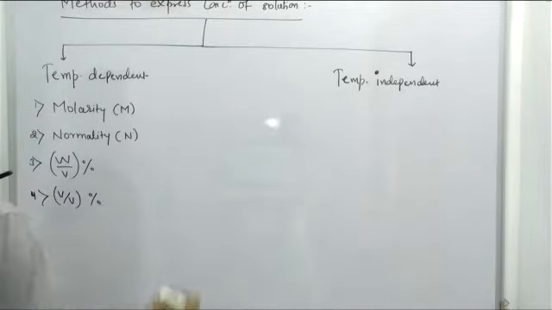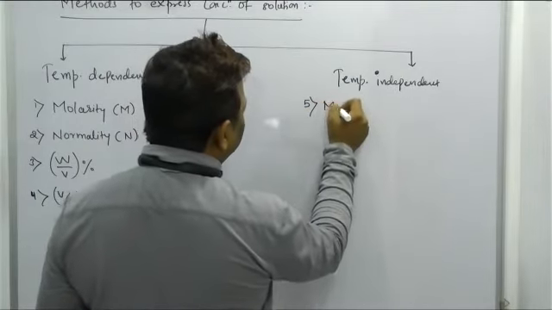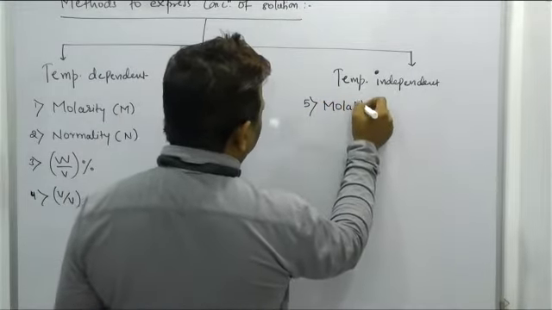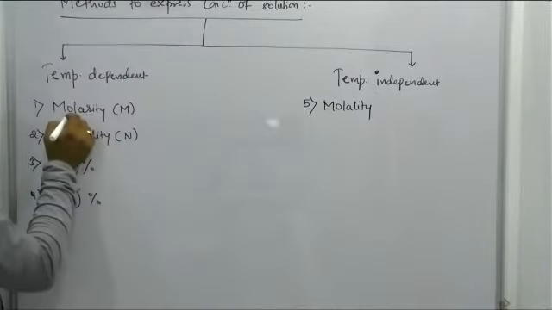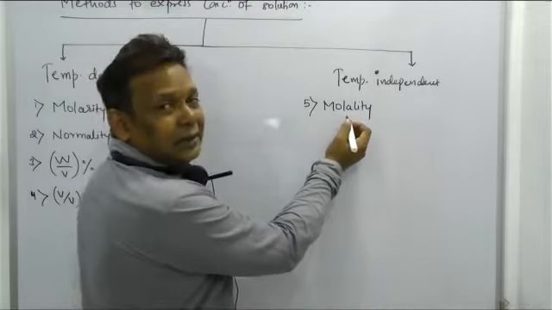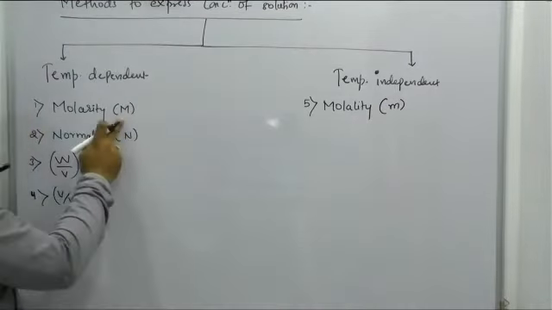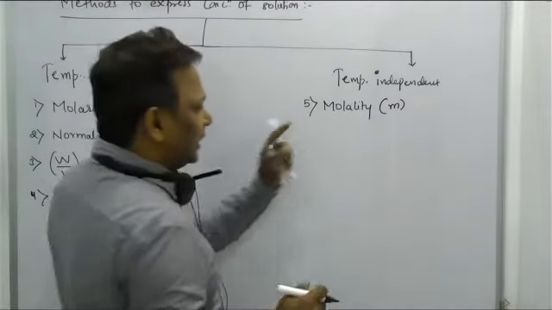What are the temperature independent ones, beta? I'll write number 5 here. Molality. See, beta, don't get confused over it. Molarity, M-O-L-A-R-I-T-Y, and molality, M-O-L-A-L-I-T-Y. Molality is denoted as a small m, while molarity is denoted as a capital M. Molality is temperature independent.